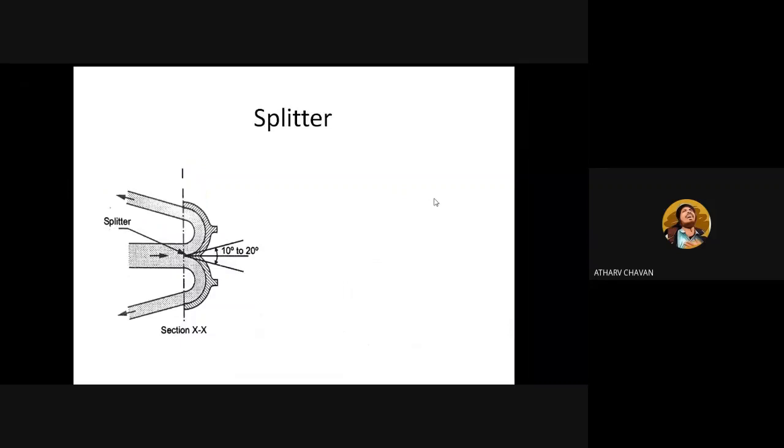The splitter. By its name, it splits the jet into two directions. This is the bucket, the shaded area, and when the jet strikes the bucket, it gets diverted in two directions. This is the main aim of the splitter.